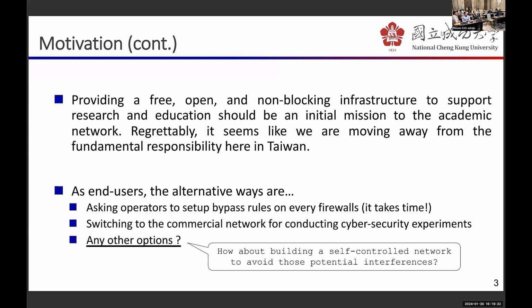Maybe we can ask the operators to add a bypass rule for us, but if you add a lot of rules on the firewall, it becomes difficult to maintain the firewall rules. Or you can give your money to others and switch to a commercial network for conducting, like I said, cybersecurity experiments. But that takes money. So how about we build a self-controlled network to avoid those potential interferences?